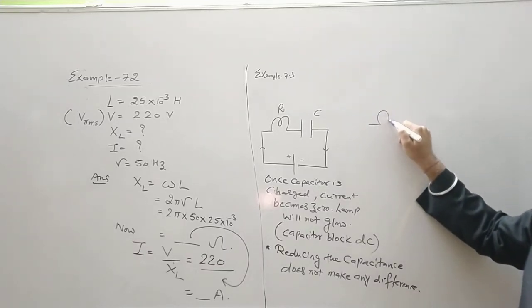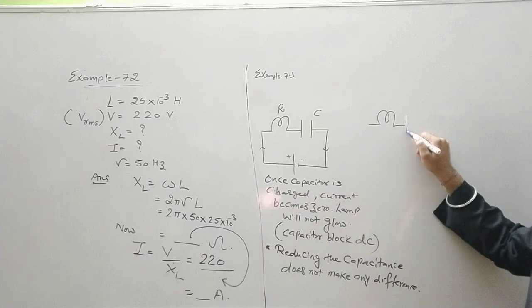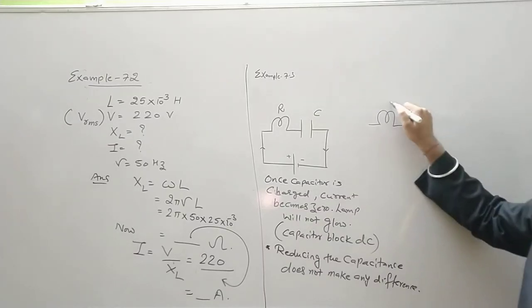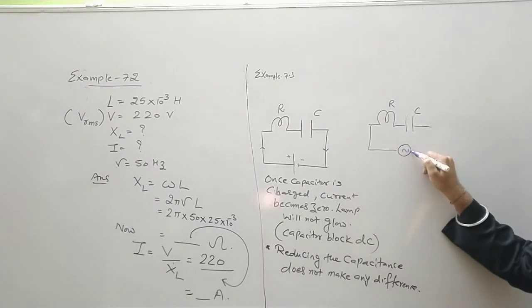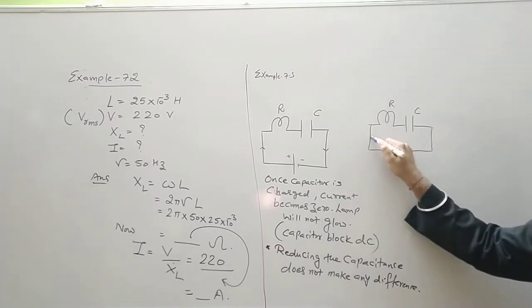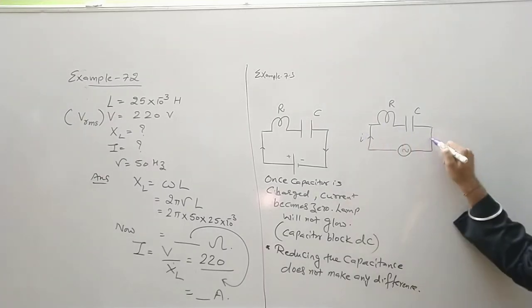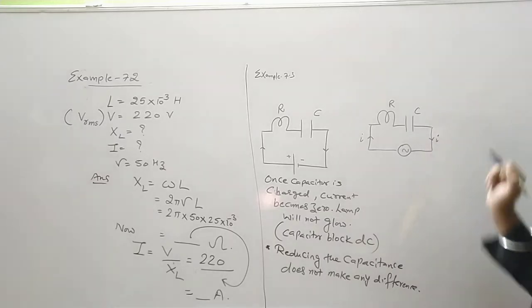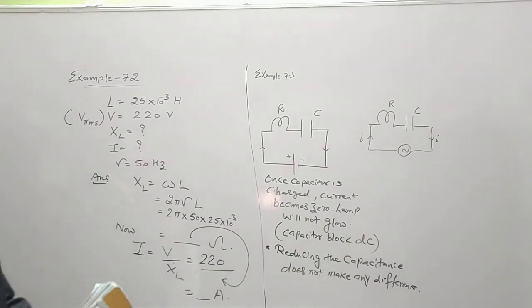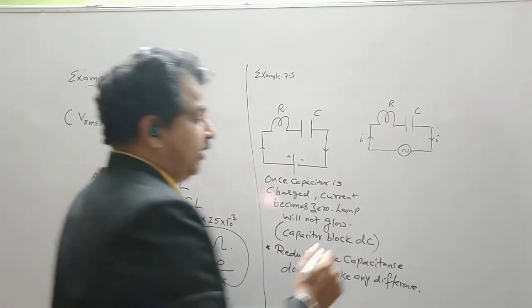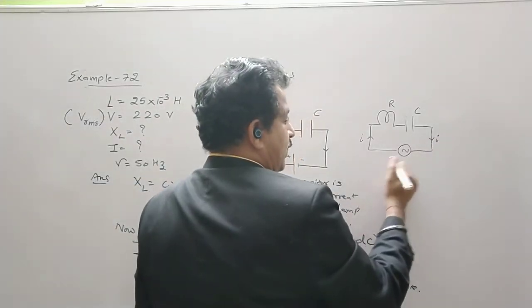Now let us see the situation when this lamp is connected to a capacitor and we have a supply of AC. Now in an AC supply, we know that the current is leading. So in this situation, the bulb will glow as it is connected with AC.